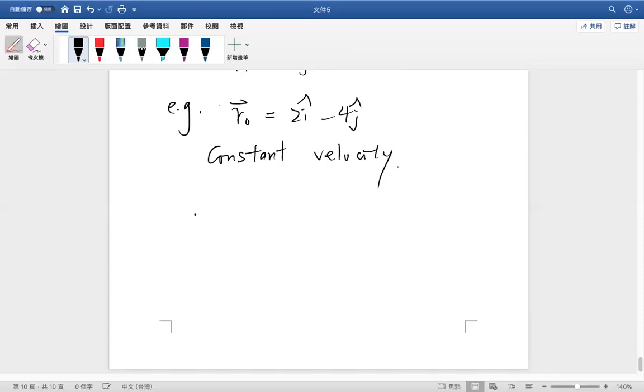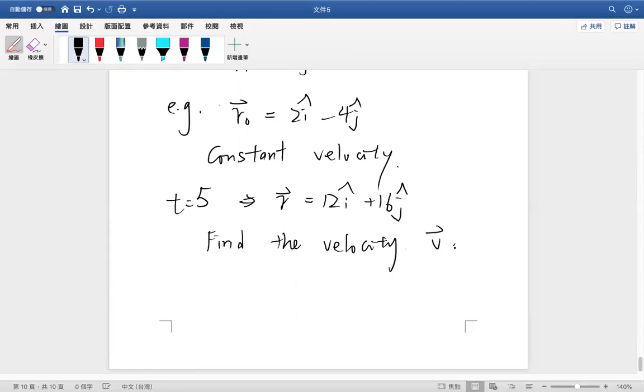At t equal to 5 seconds, it is at the position r equal to 12i plus 16j. Our task is to find the velocity.